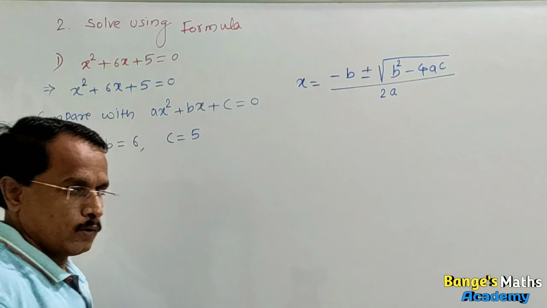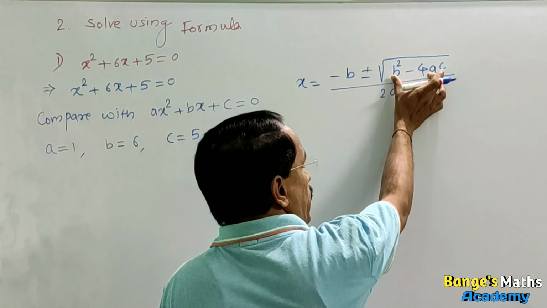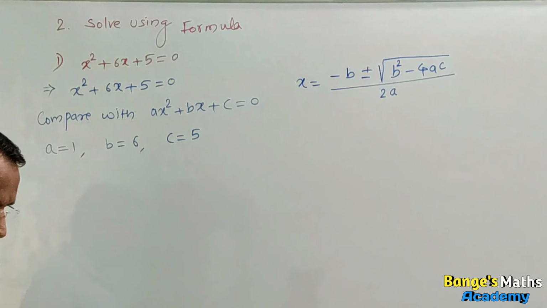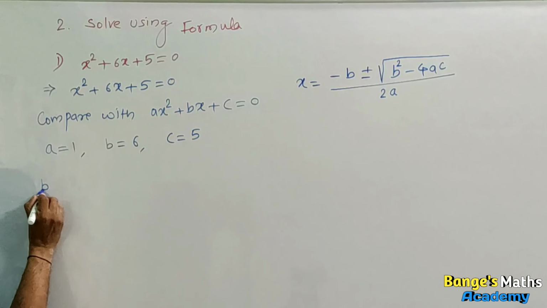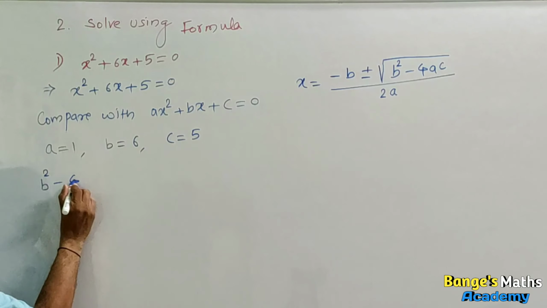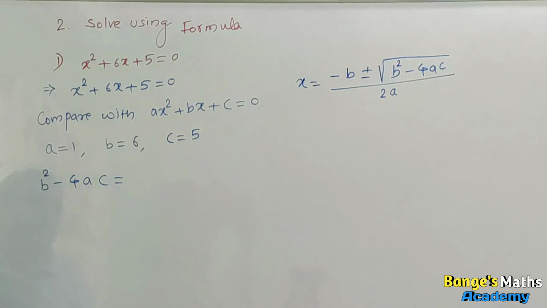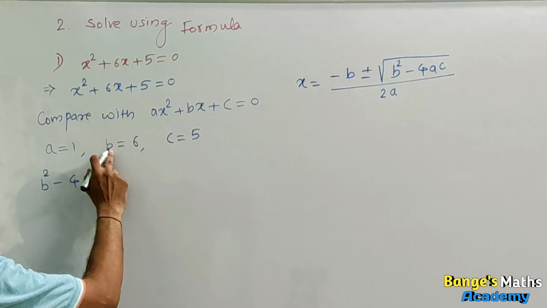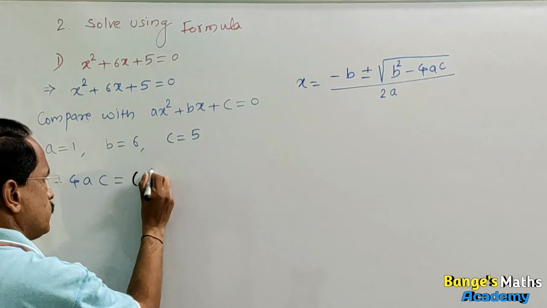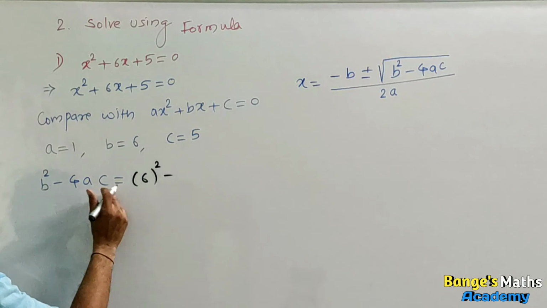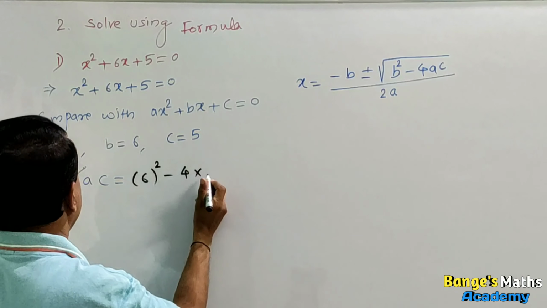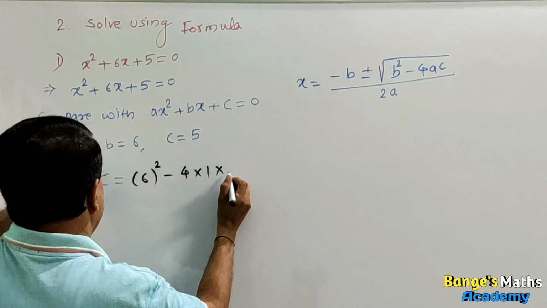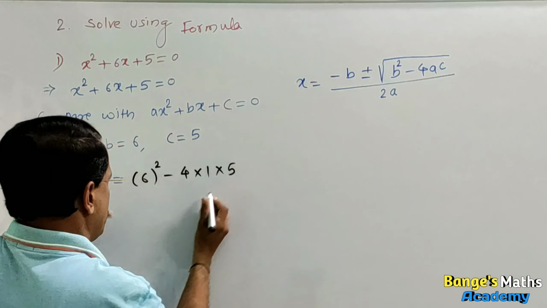Then first of all, find b square minus 4ac. B square minus 4ac is equal to, value of b is 6, 6 square minus 4ac, 4 into a means 1 into c 5.